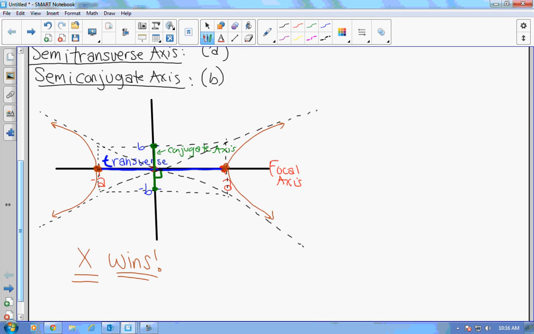The reason it wins is it's the wider side. And then inside the parabola, just as before, will be our foci. It should be on the focal axis.